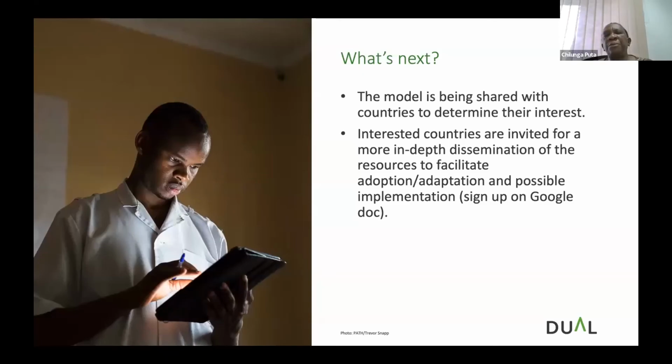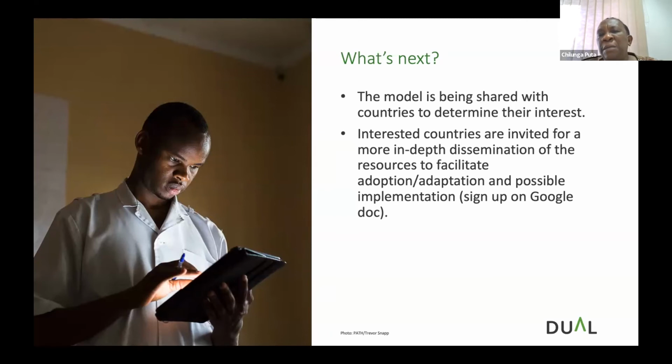So we've done this. So what next? I think what next is exactly what we are doing now, and that is sharing the model with countries to determine their interest. We are sharing this model with Asia, with Africa, and the Americas. Why?